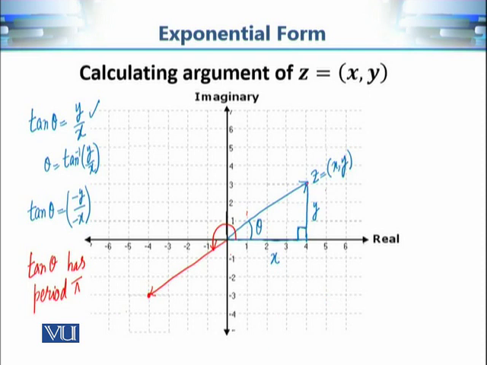So to solve this issue, we always observe what is the quadrant of the complex number. So if it is the first quadrant, then of course theta must lie between 0 and pi by 2. And if it is the third quadrant, then it must lie between pi and 3 pi by 2. So here is the hint. Here is the solution of this problem. Observe the quadrant of complex number.